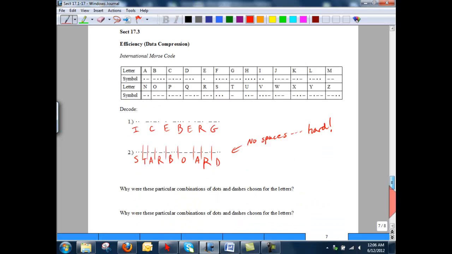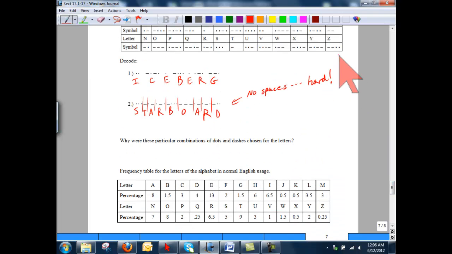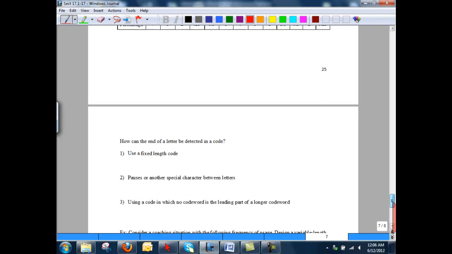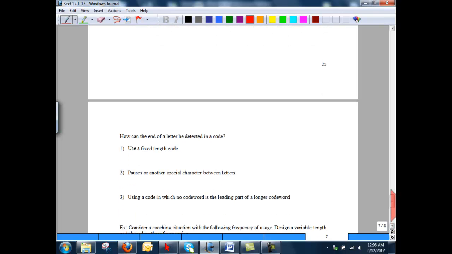There's a problem with that. It doesn't let me use the idea of Morse coding. Morse code says, no, for reasons of efficiency, make the commonly used letters have the shortest code words and less commonly used letters have longer code words. If I'm using a fixed length code, then I can't take advantage of efficiency.